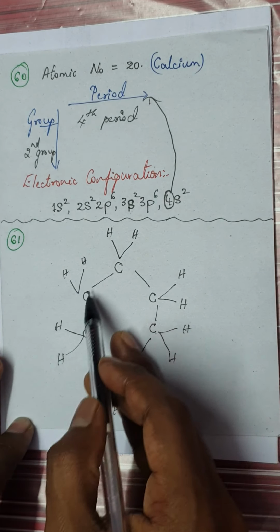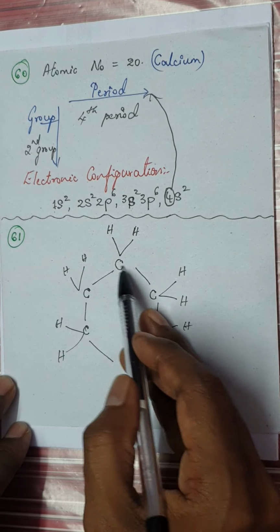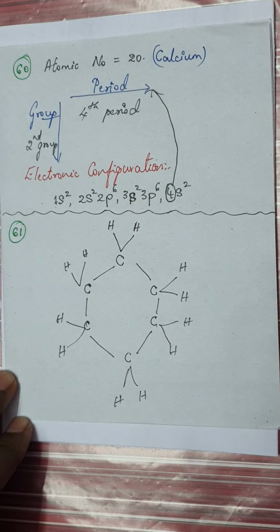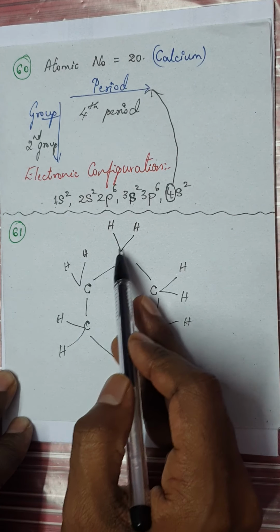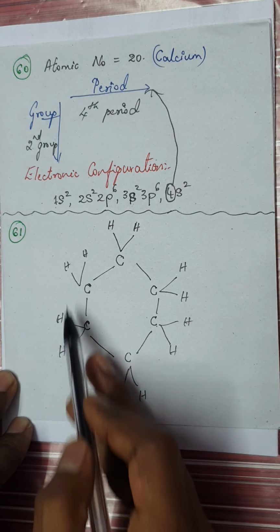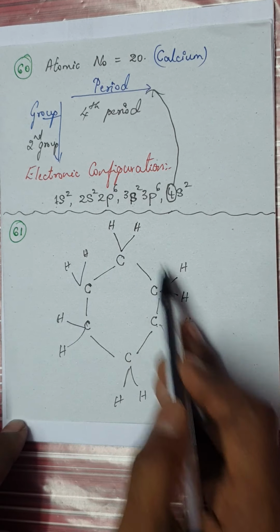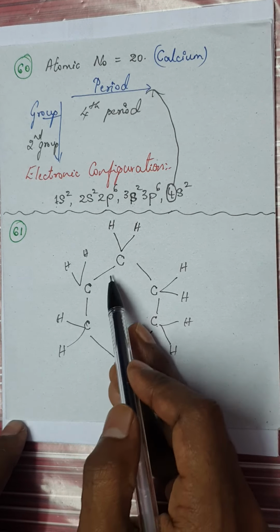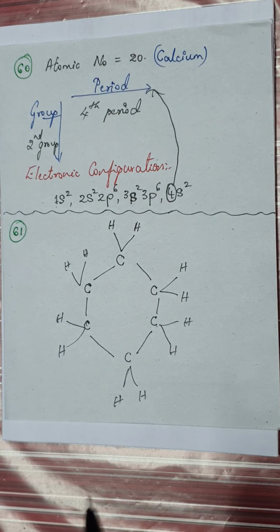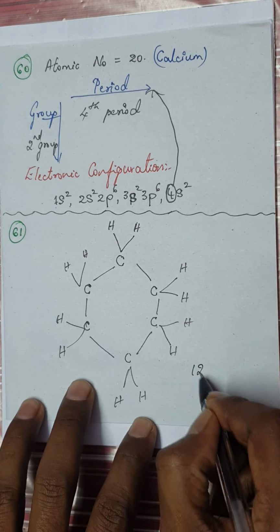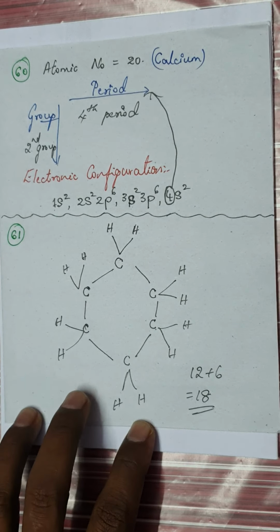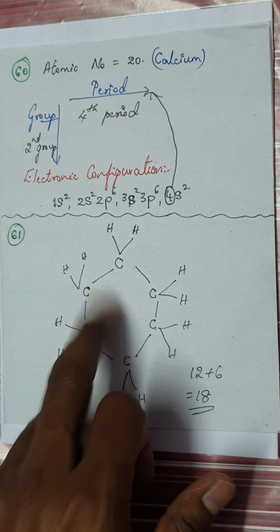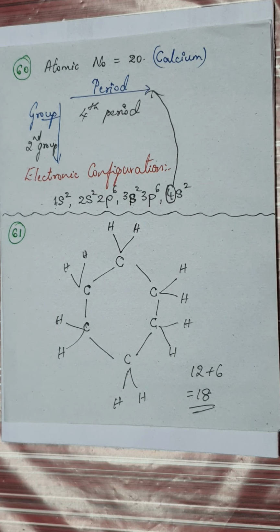So between carbon atoms there are 6 single bonds, and 2 each from each C, that is 2, 4, 6, 8, 10, 12. So 12 plus 6 single bonds between carbon. So totally there are 12 plus 6, that is equal to 18 single bonds in the cyclohexane molecule.